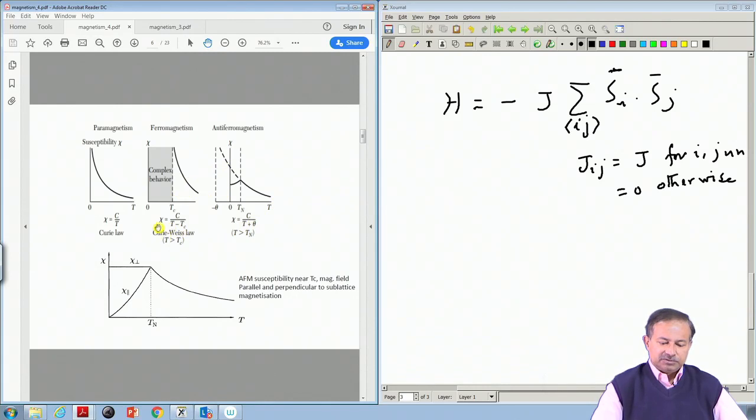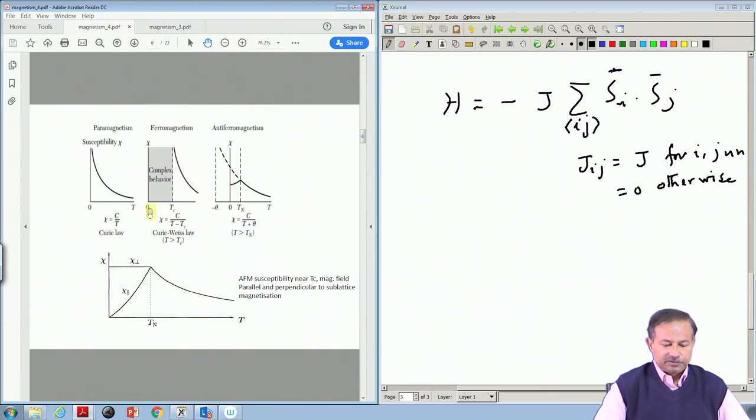antiferromagnetic. See, the way the Curie law gets modified in a ferromagnet is that there is C by T minus T c. So, instead of diverging at T equal to 0, now you have a finite temperature where the divergence occurs. In real systems, of course, you will not find the divergence, but there will be a sharp upturn around this T c.